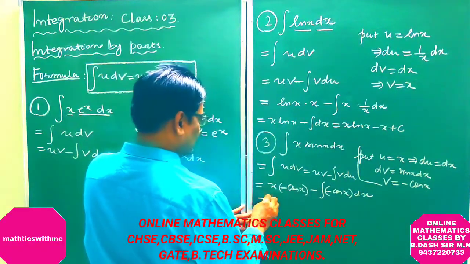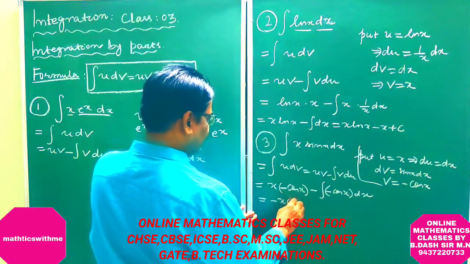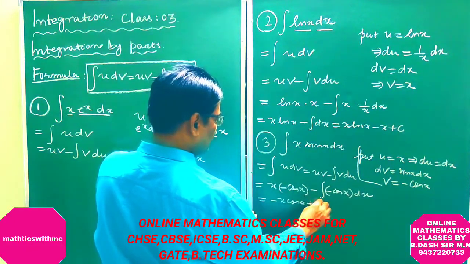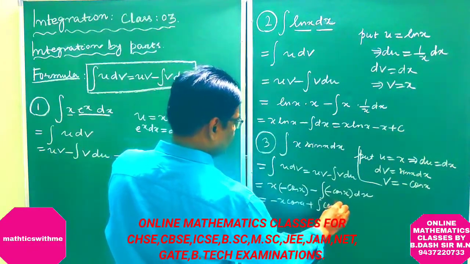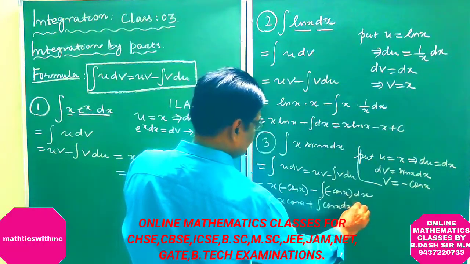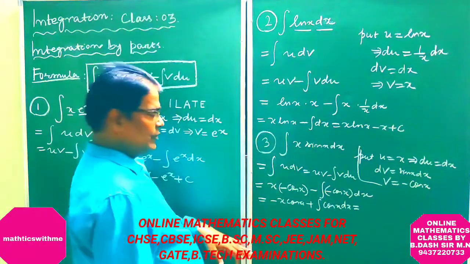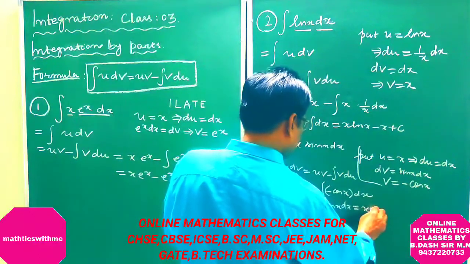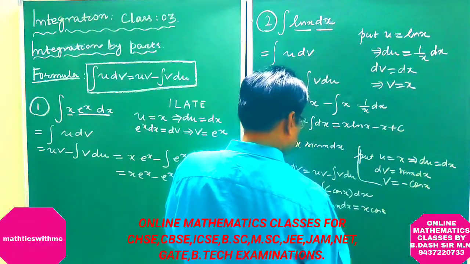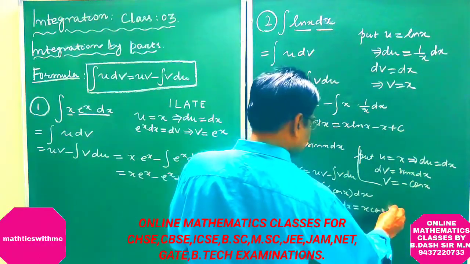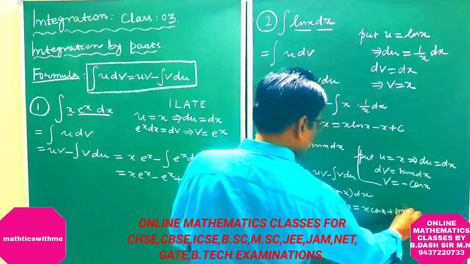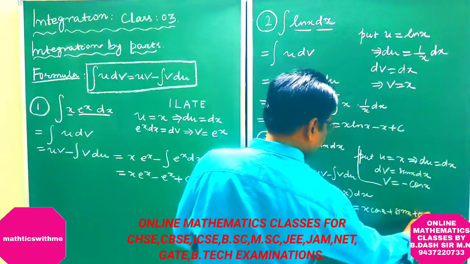So this is equal to minus x cos x plus integration of cos x dx, which is equal to minus x cos x. Integration of cos x is sin x plus c.